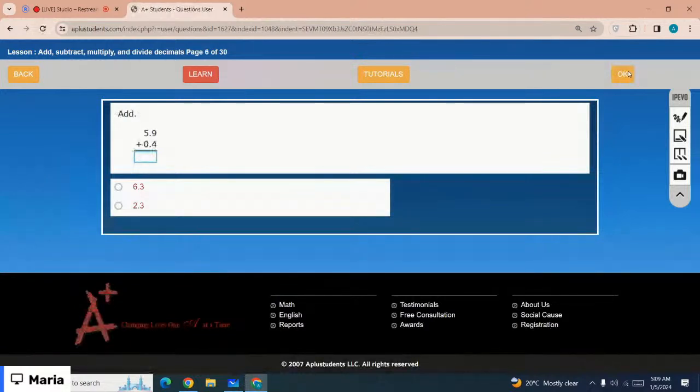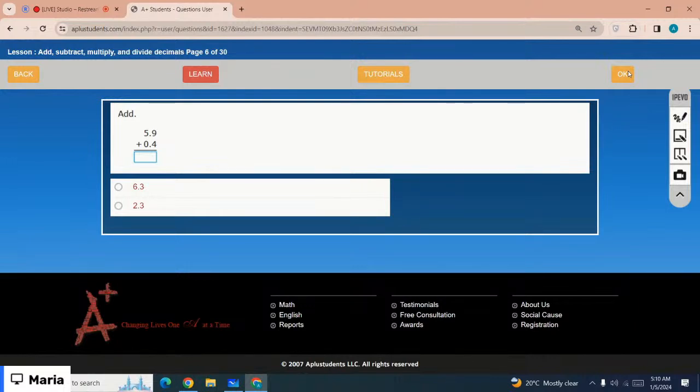5.9 plus 0.4. Which is the correct option? You need to add them.